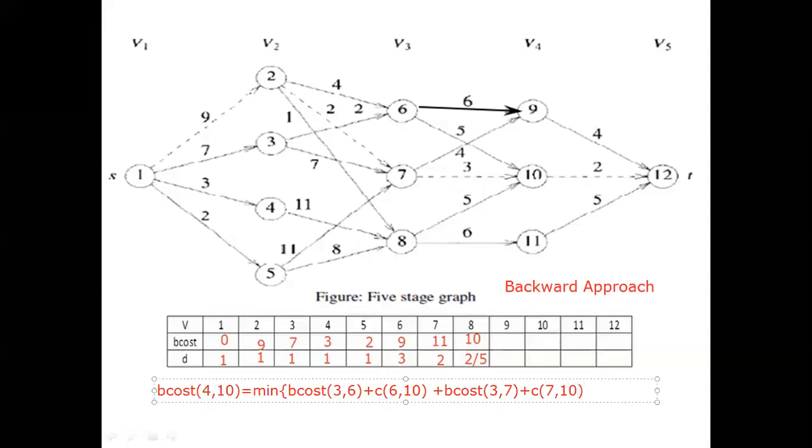Here plus is wrong, sorry, it is a comma, because this is one set, this is the second set, and the third set is B cost of 3, 8 plus C of 8, 10.